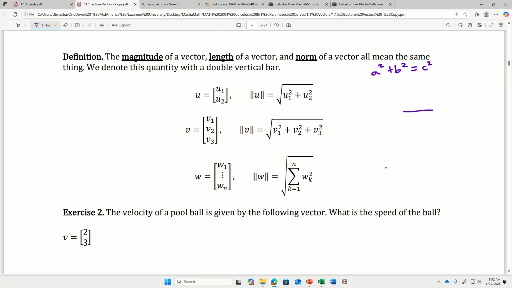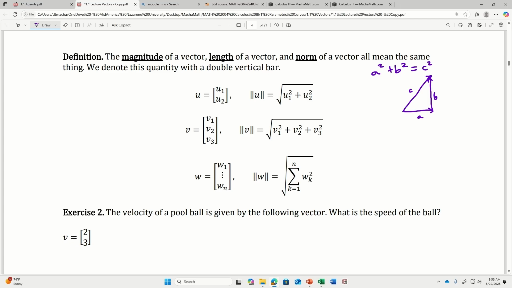Let's say a is lying in the x direction, so it's the x component of the vector. b is lying in the y direction, so it's the y component of the vector. Then c is the length of the vector. And to solve for the length, you would just take the Pythagorean theorem, take the square root of both sides, and that gives you that formula.